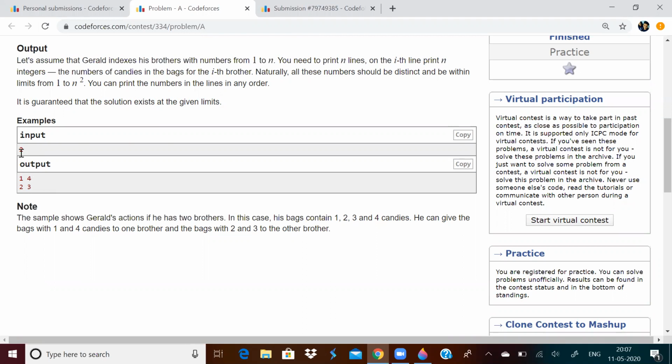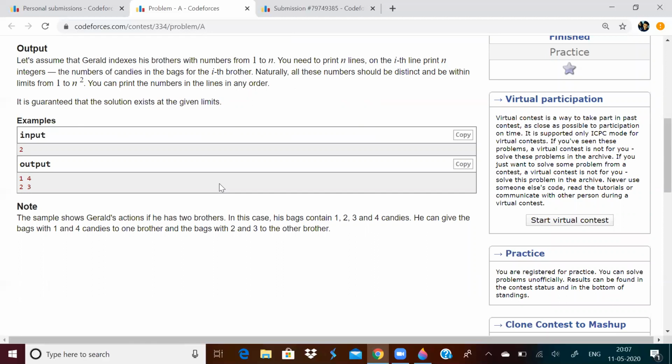For example, let us take input n as 2. We will have 1, 2, 3, 4 bags, and each bag will have 1, 2, 3 or 4 candies. How to distribute these candies in such a way that both the brothers get the same number of candies?